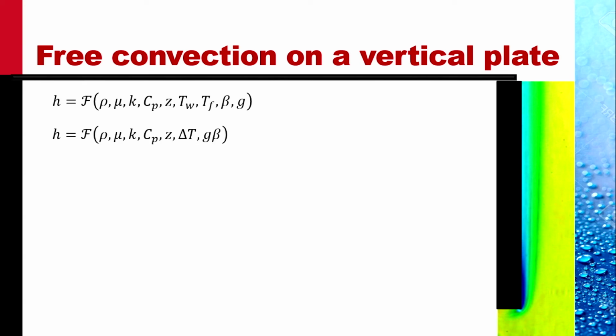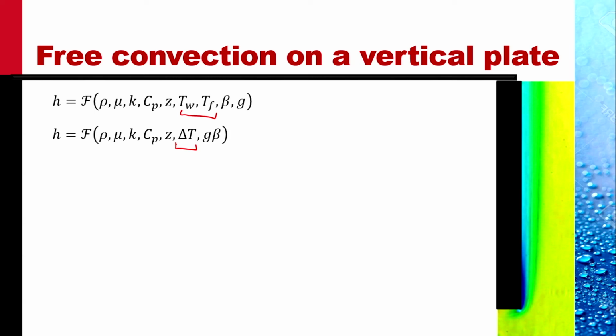We had argued earlier that in a heat transfer problem, it is not the temperatures that matter, but the temperature difference that matters. So TW and TF were replaced by delta T, the temperature difference, TW minus TF.